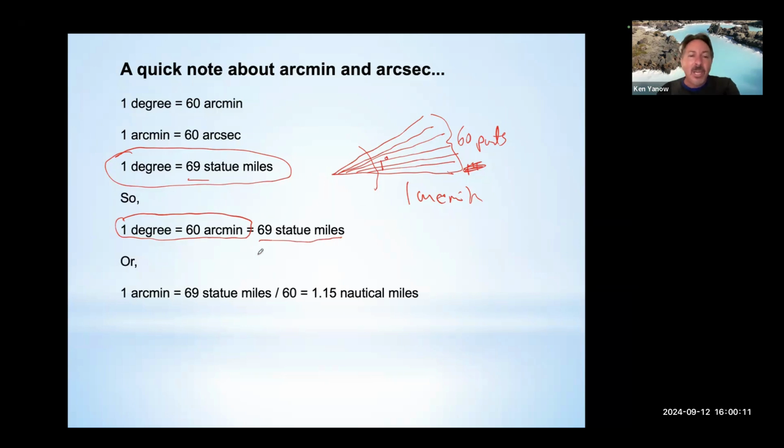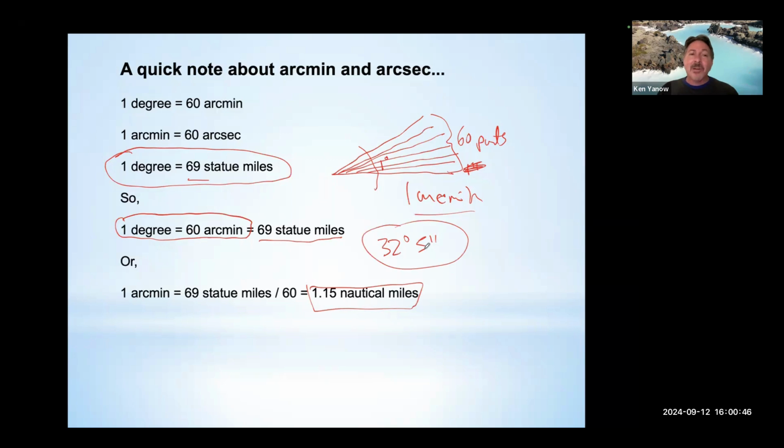So now if we say, okay, 1 arc minute equals 1 degree equals 69 miles, then we know that 1 arc minute equals 69 divided by 60, or 1.15 nautical miles. So a nautical mile is actually just 1 arc minute. So now if you see something like 32 degrees, 5 arc minutes, you're only going to be at most 1.15 nautical miles off if you're off by an arc minute.